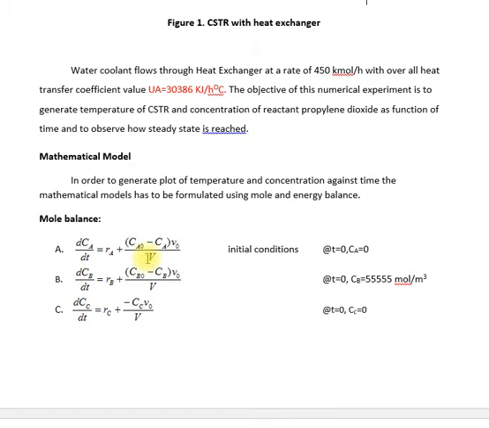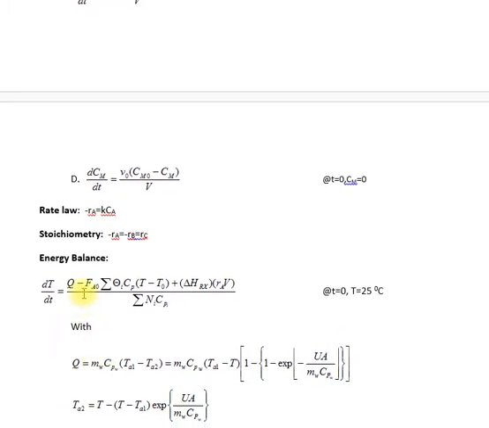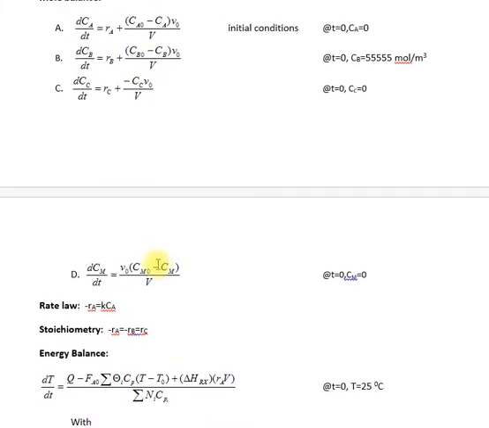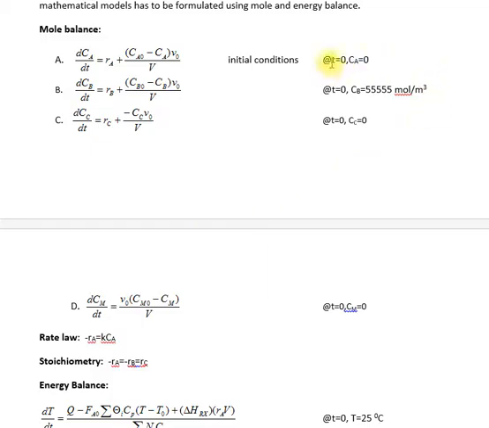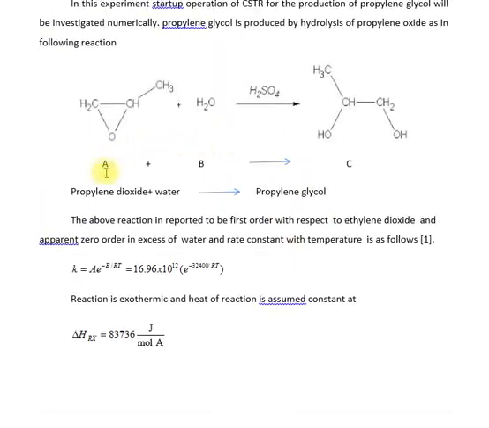So you have five differential equations, an initial value problem of ODEs, and we know the initial conditions. At time t equals 0, we don't have A, so Ca is 0. A is your propylene oxide, B is water, and C is your product.